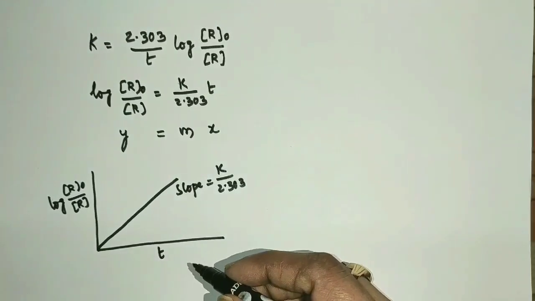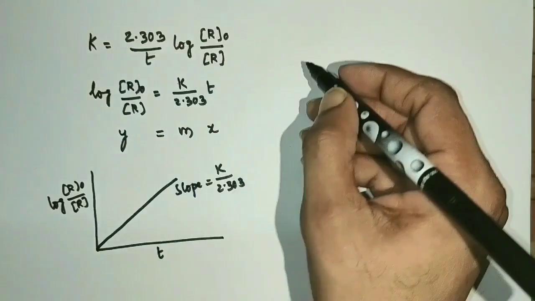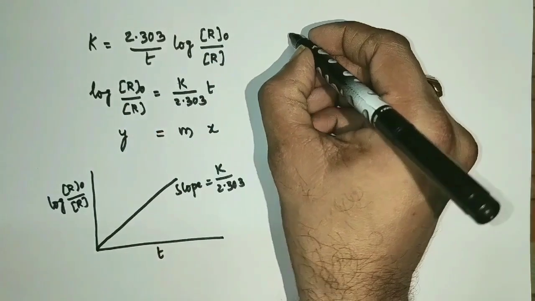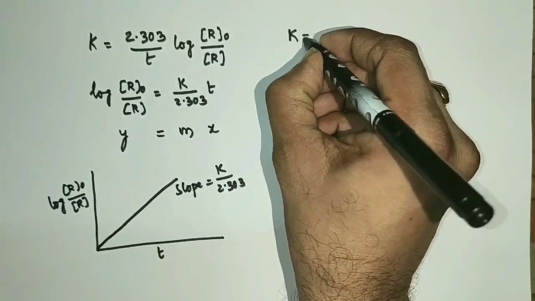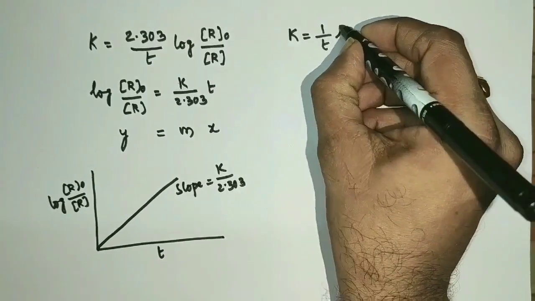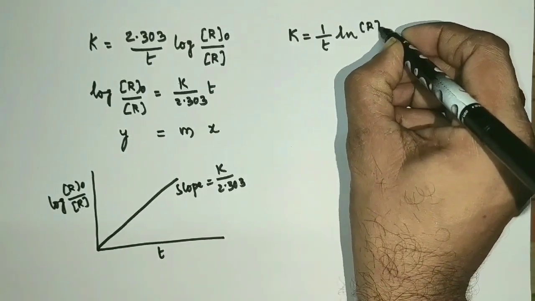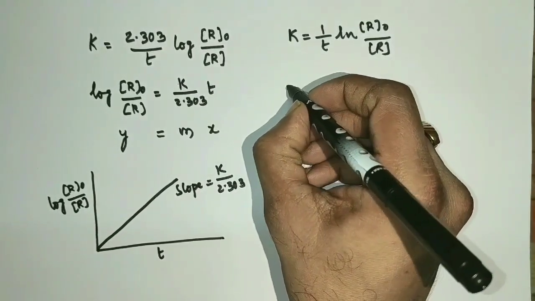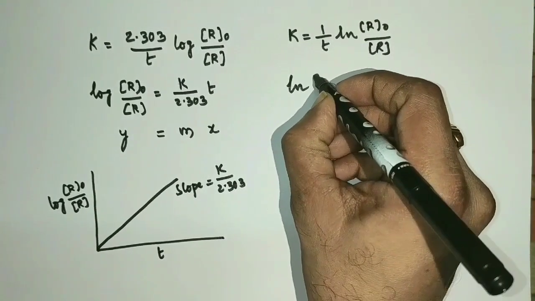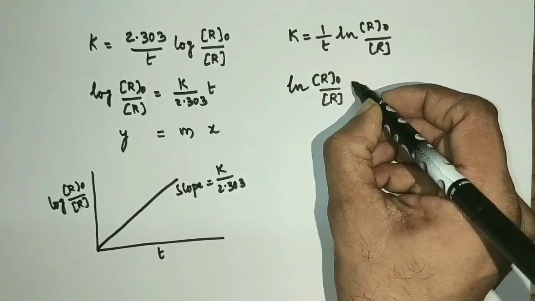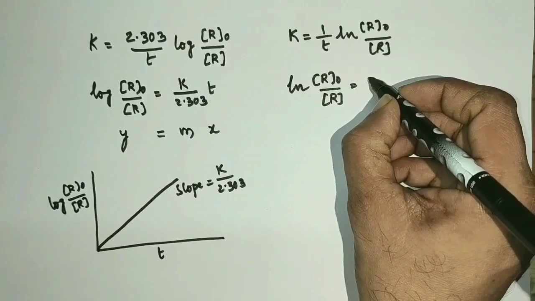Not only that, instead of this 2.303 log, suppose we have this equation in the form of k equal to 1 by t ln R naught by R, then it can be written as ln R naught by R is equal to kt.